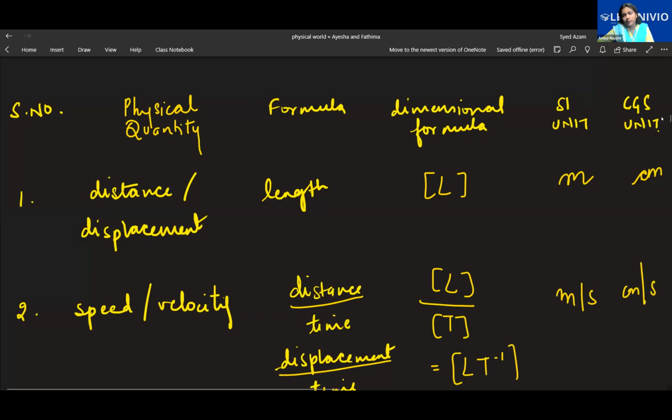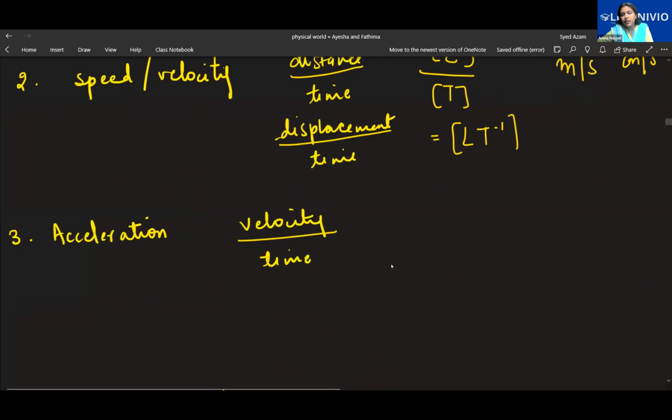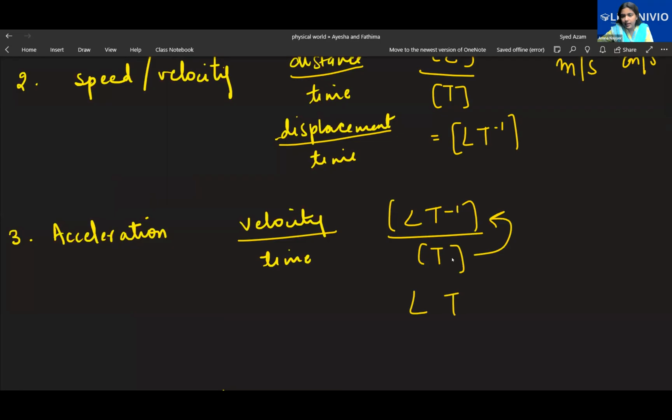Then you have acceleration. Acceleration is what? It is velocity by time. Means velocity, LT to the power minus 1, divided by time. Now look, when this T goes up, it will become T to the power minus 1.